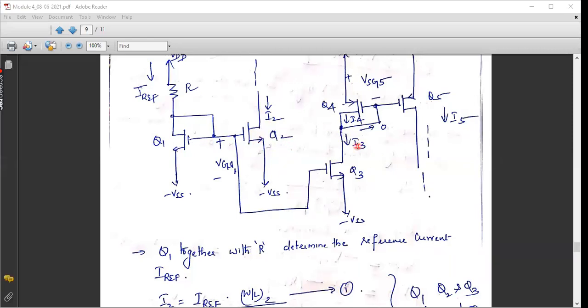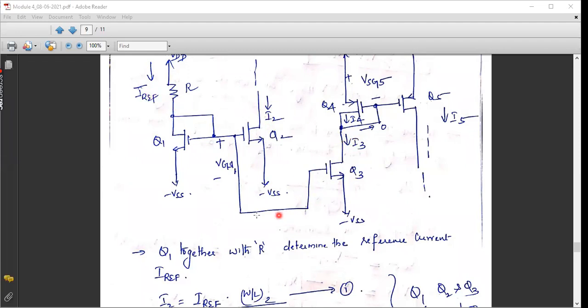Similarly, we are going for I3. I3 is another output current that is flowing through Q3. This is a current steering circuit where I'm going to generate the current I3 from IREF, similar to I2. I2 is used for one stage, whereas I3 is used for some other part of the IC. So we are going for a new transistor called Q3, and thereby we are generating I3. Again, you can see I2 is dependent on IREF.